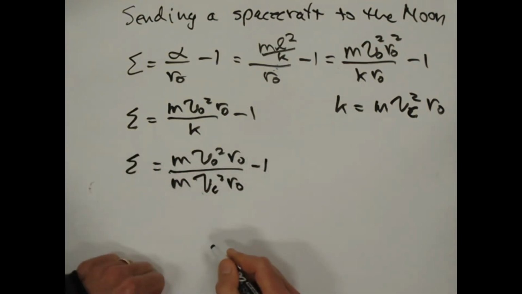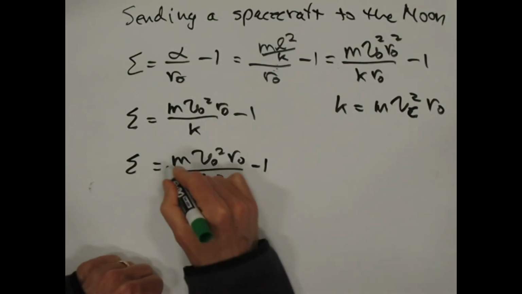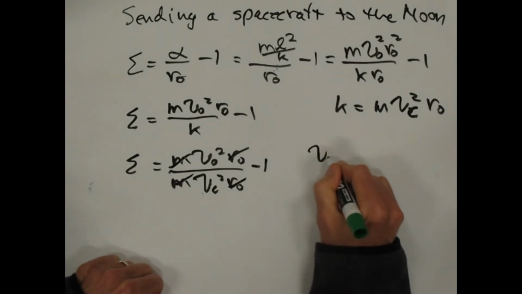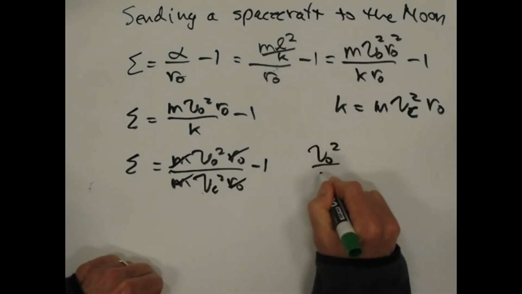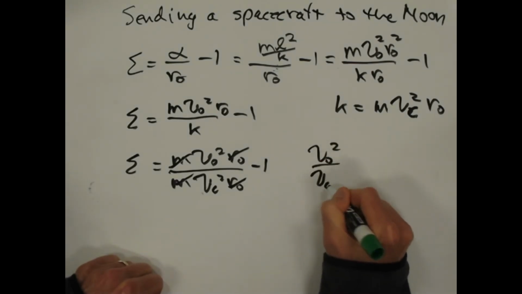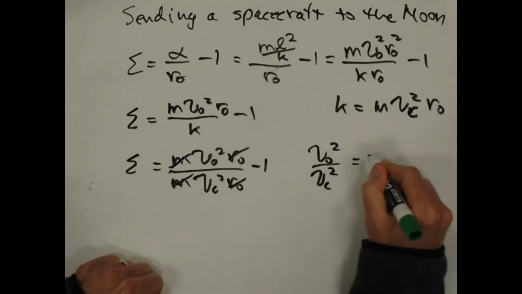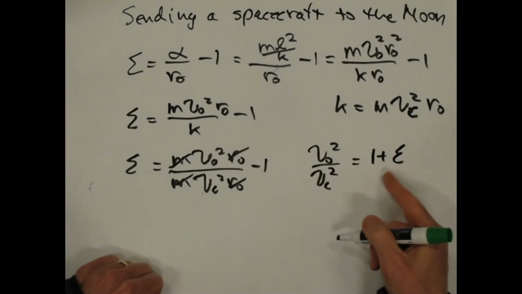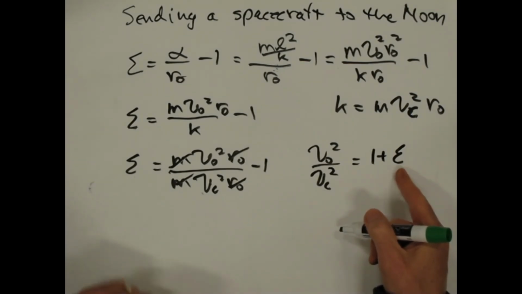And that's my eccentricity. The m's and the r0's go, and this gives me my boost speed. It says the ratio of v elliptical to v circular squared is equal to 1 plus epsilon. So we've got to figure out how to get this from the information we know.